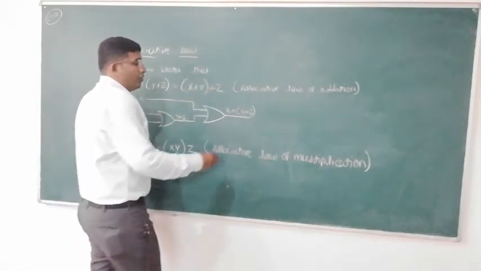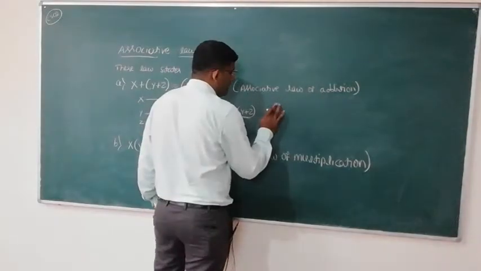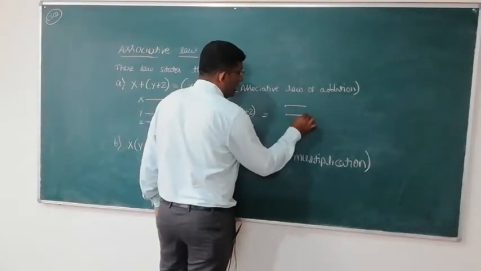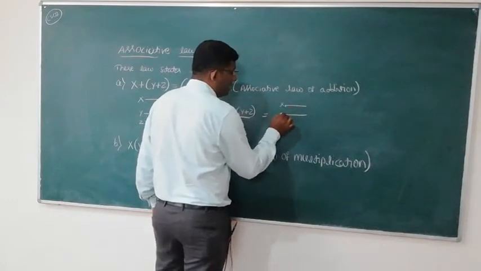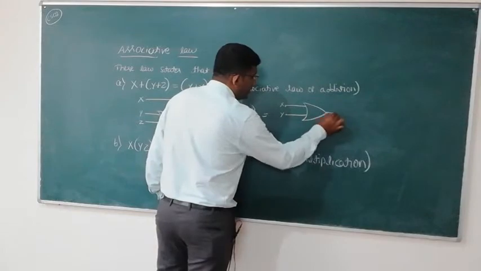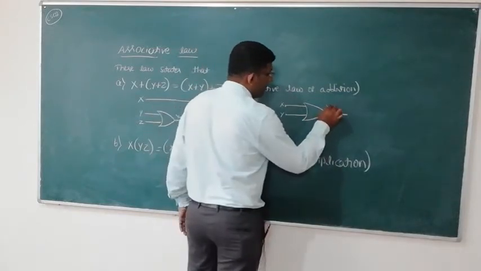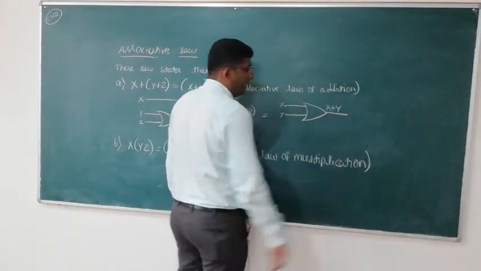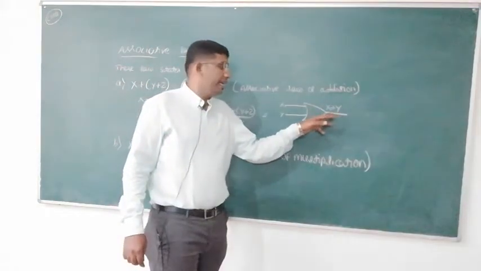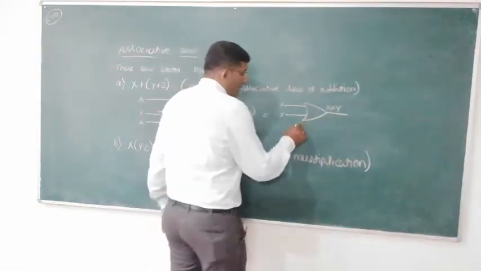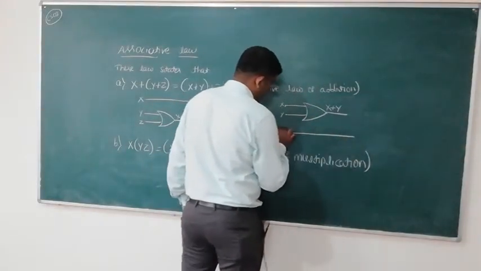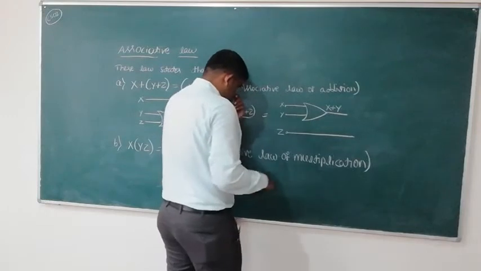For that, I am taking an OR gate here, and the inputs for that OR gate are x and y, and the output of this gate will be x plus y. If I am inputting x and y to an OR gate, the output will be x plus y, and I am taking one more gate as the second gate, and I am considering z.